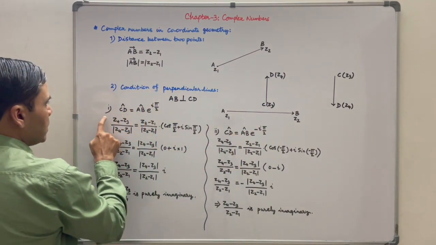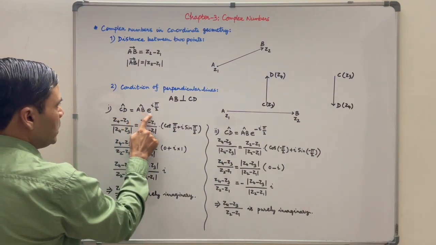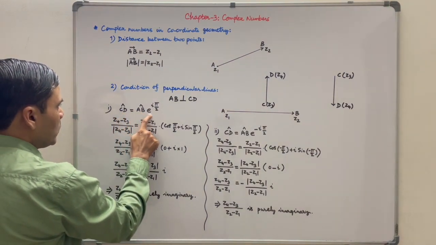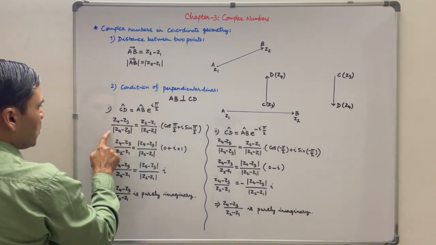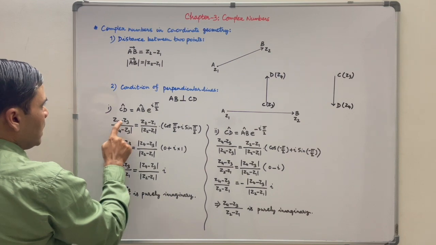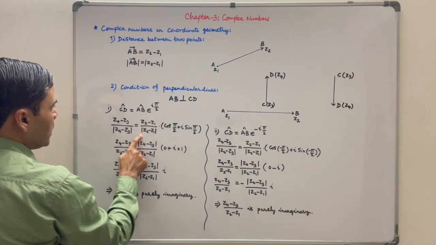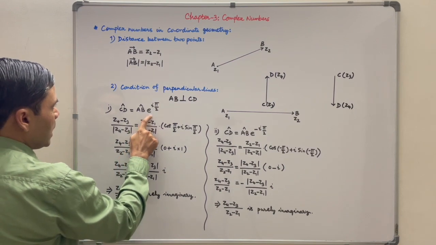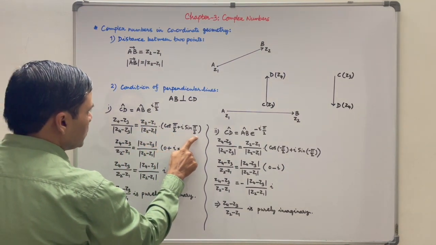So we can write in case 1, unit vector CD is equal to unit vector AB into e to power i pi by 2. Unit vector CD is equal to (z4 minus z3) upon mod (z4 minus z3), and unit vector AB is equal to (z2 minus z1) upon mod (z2 minus z1). e to power i pi by 2 can be written as cos pi by 2 plus i sin pi by 2.